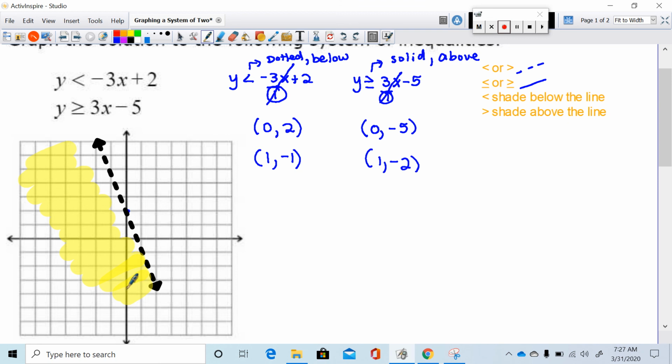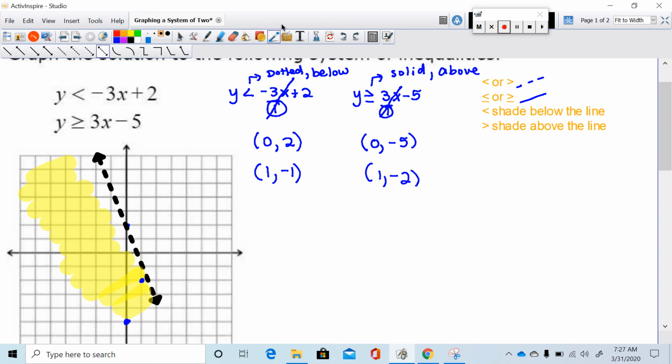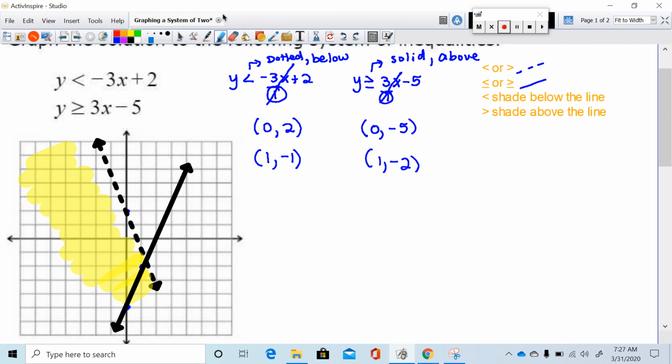One, 2, 3, 4, 5, and 1, negative 2, 1, 2, and I said I'm going to connect that with a solid line. And I'm going to color above or on top of that line.